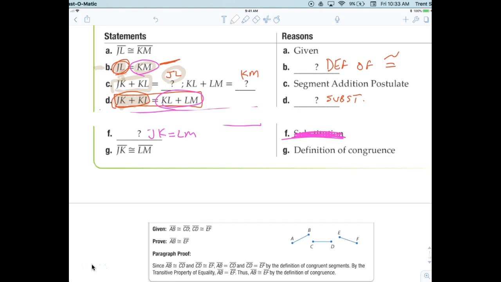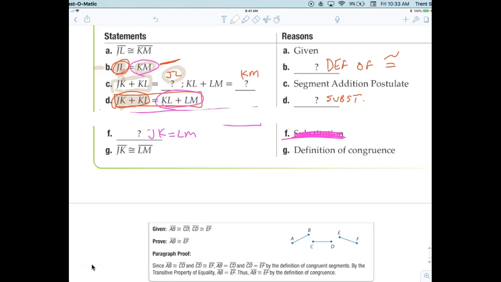That's why it's the subtraction property. They want you to take KL minus KL, and what's KL minus KL? 0. We're not doing that. That's just not necessary. Okay? You're doing good today, I think.